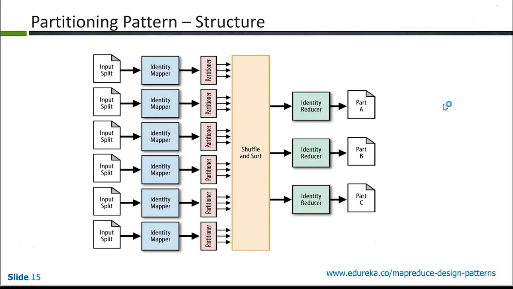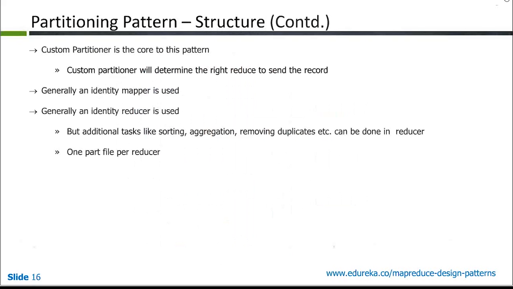The mapper and the reducer you could just leave as identity mappers, but if you want to perform certain functions inside those, you could also do that. The important thing to keep in mind is the partitioner that you will be writing.